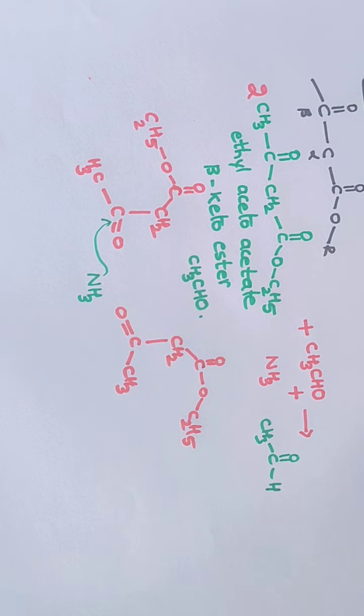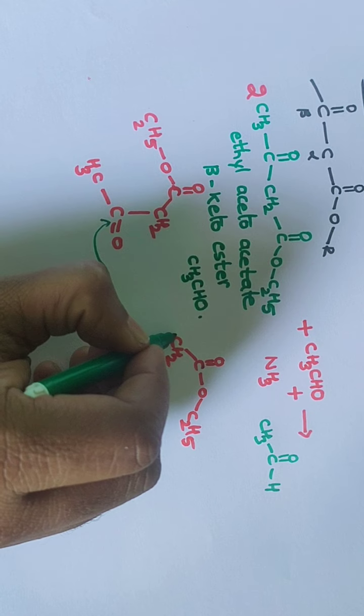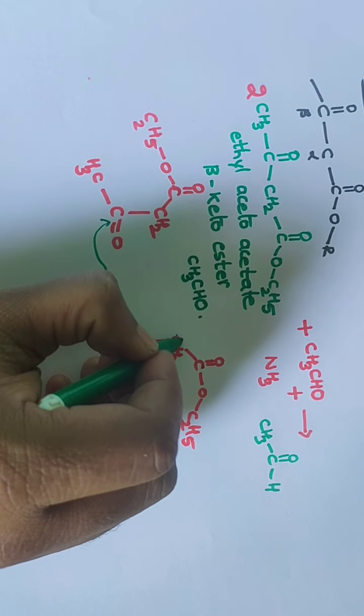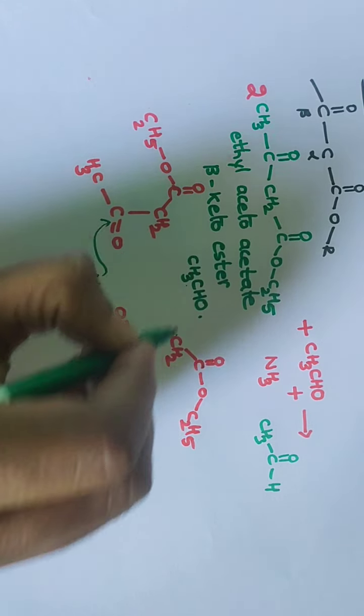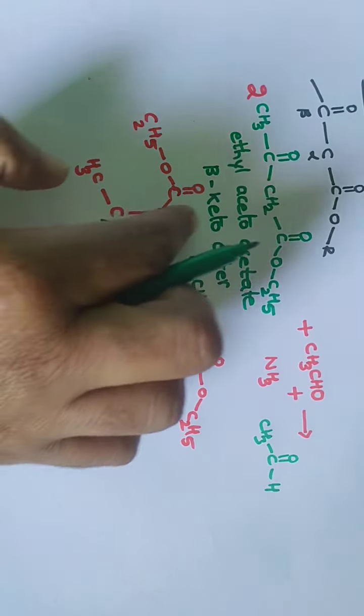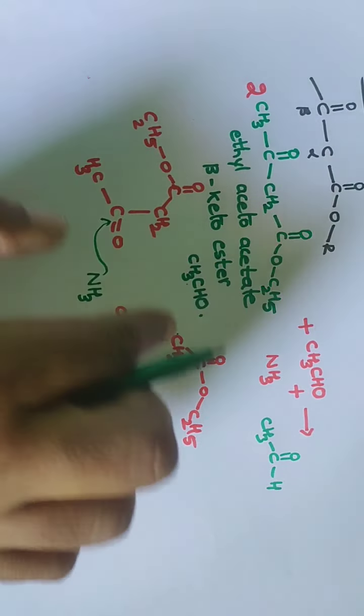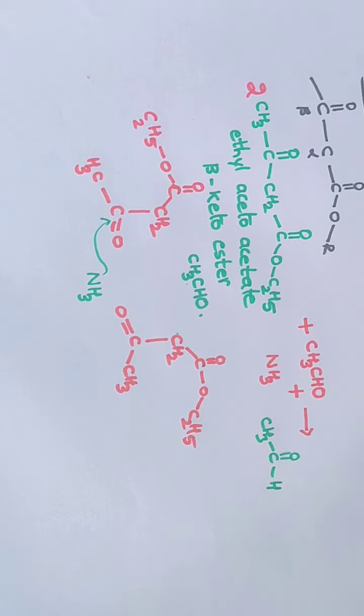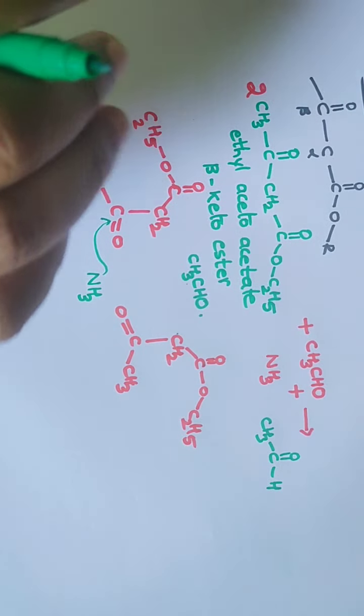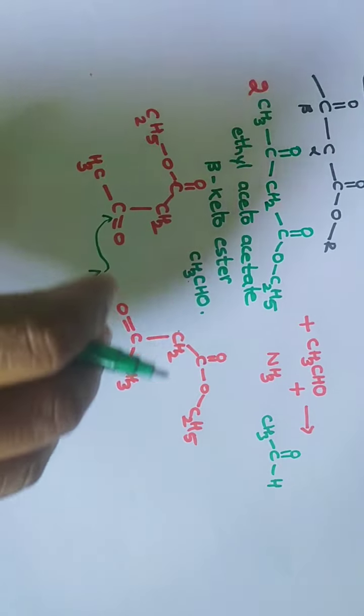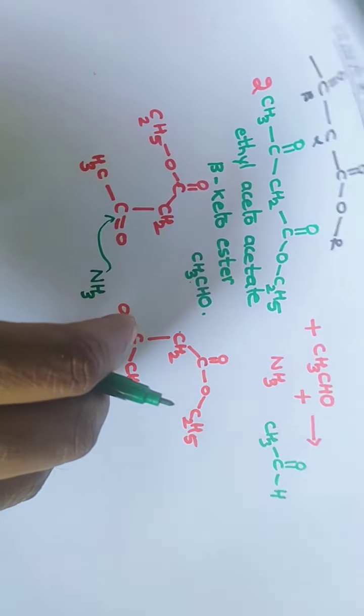So this carbon will form a bond with this carbon double bond O. It will form one intermediate, and this will form another intermediate. Those two condense with each other. I will write the exact structure of that intermediate so that we'll have an idea, and then we'll come back to this.